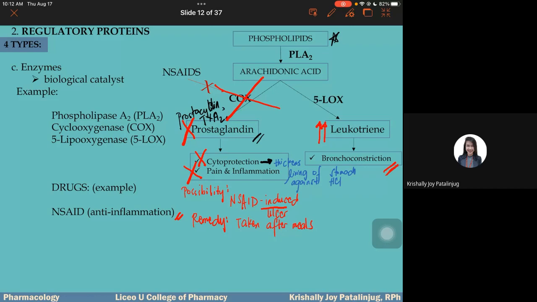So we have drugs that could target 5-LOX, and that's Zileuton. Okay? It inhibits lipoxygenase to inhibit the production of leukotriene. So bronchoconstriction is avoided. So it has anti-asthma activity.